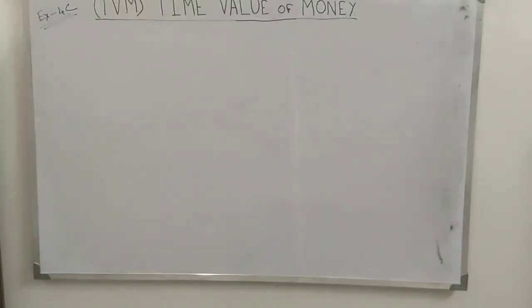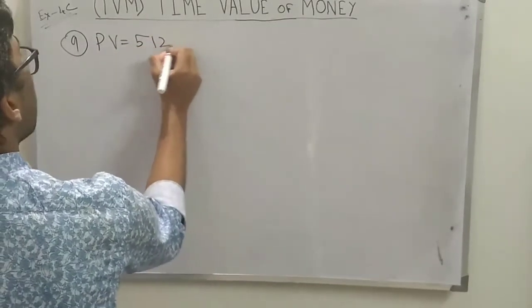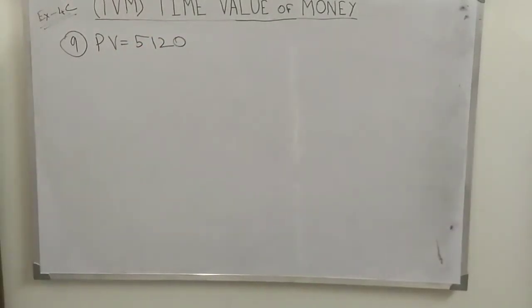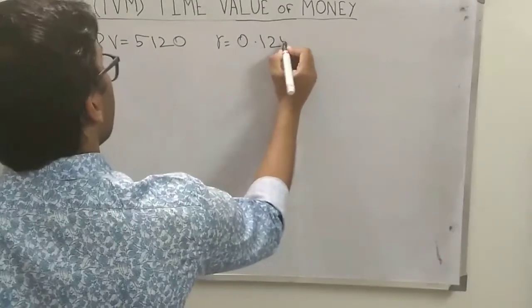Now we'll be doing question number 9. In question number 9 it is said that Mr. X borrowed rupees 5120. The present value is 5120. Mr. X borrowed rupees 5120 at 12.5% per annum compound interest, that means R is equal to 0.125.